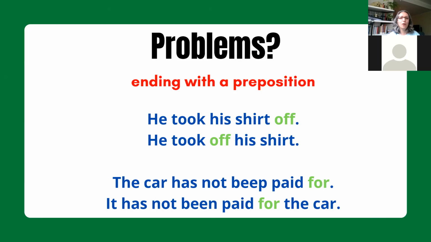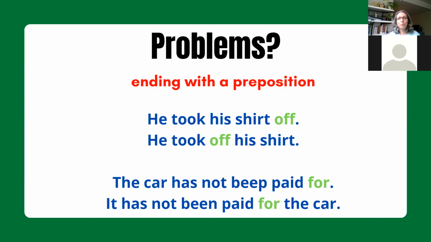If we were to follow the rule of not ending in a preposition, we can say he took off his shirt. The meaning is the same, so there's not much going on there. We can certainly do that. In speech, you'll encounter he took his shirt off more often than he took off his shirt. When we're writing, that's when we might say he took off his shirt.